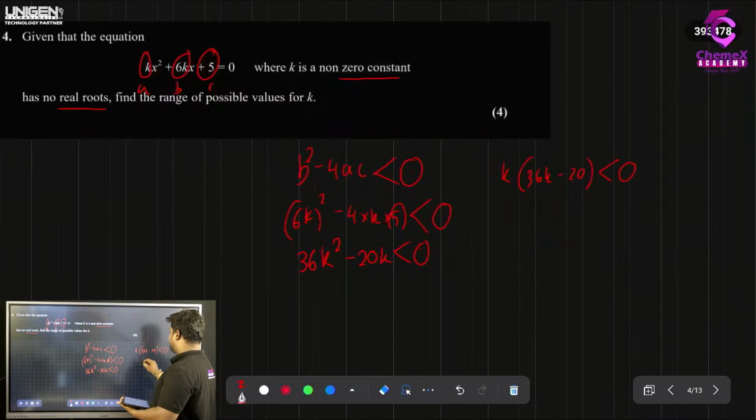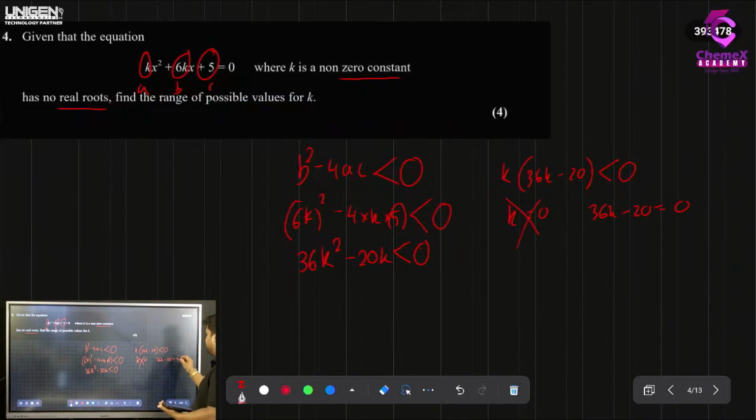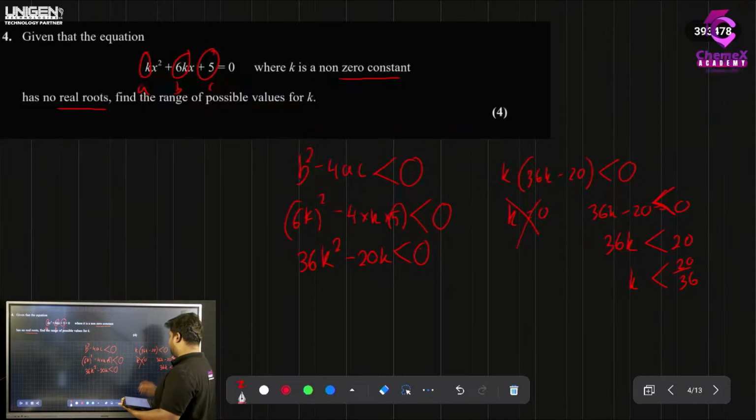So someone might say k is equal to 0 and 36k minus 20 is equal to 0. You can't take k equals 0 because they say it's not a constant. Then I put this sign and solve it. 36k is less than what? 20. k is less than 20 over 36. So it's a non-zero constant and they ask for the range.